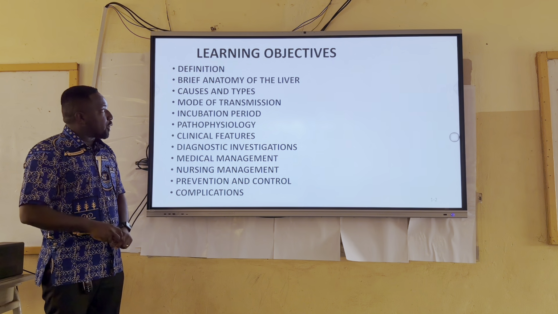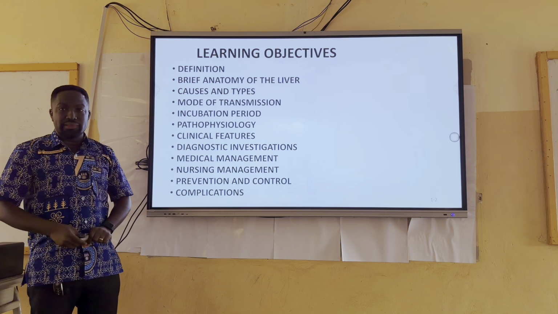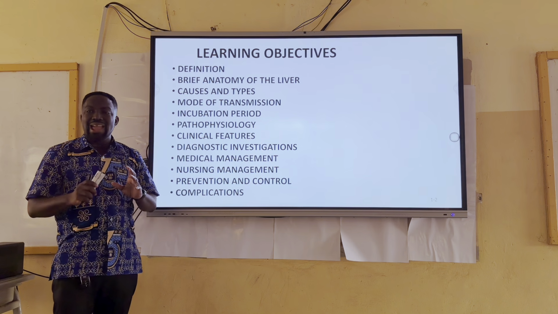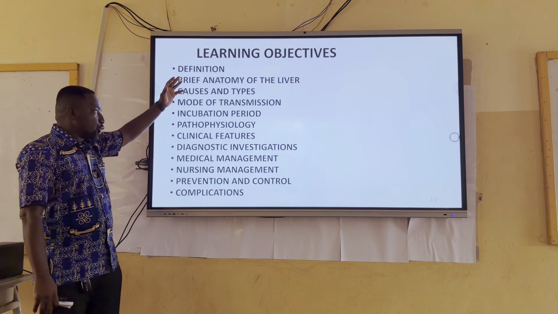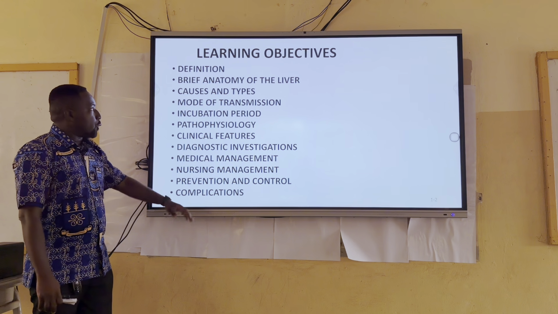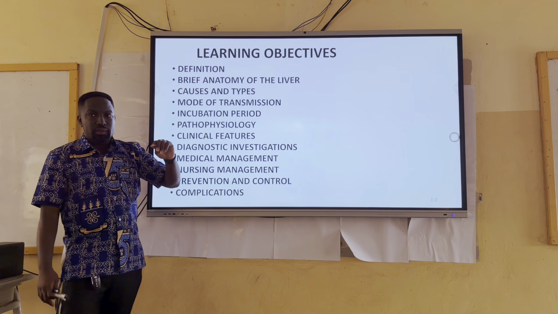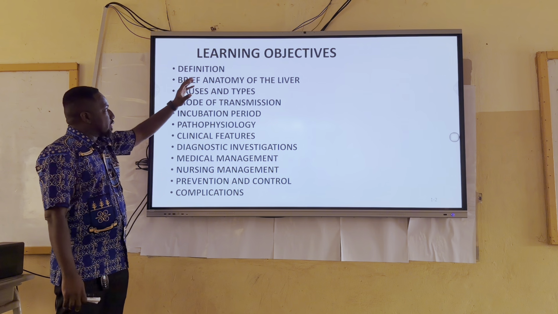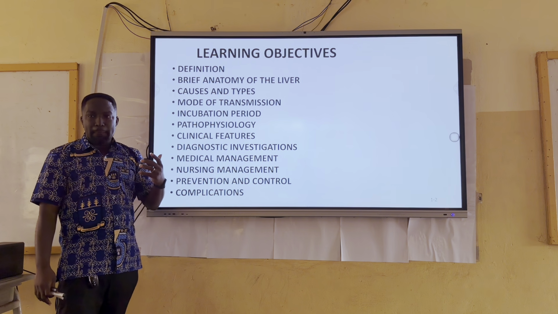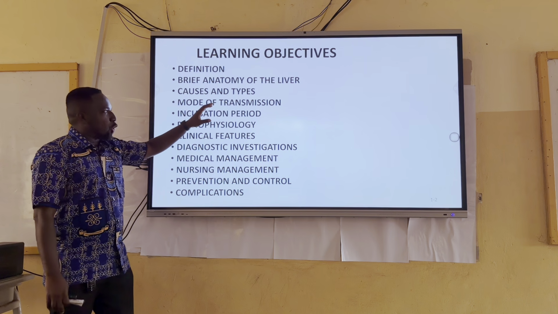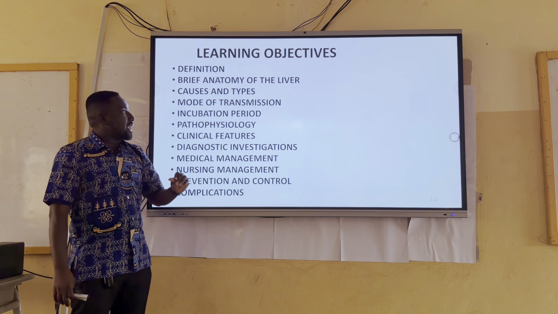So this morning, as I've already elaborated, before you can understand any medical condition thoroughly, you need to go through this roadmap. We want to talk about hepatitis. First of all, we want to learn the definition of hepatitis. And because hepatitis talks about the liver, I will do a brief anatomy of the liver and the functions of the liver.